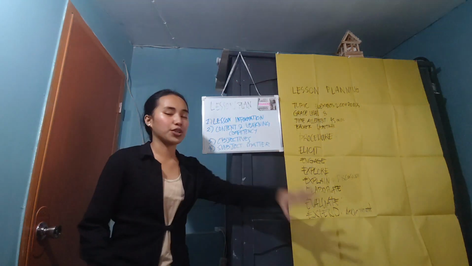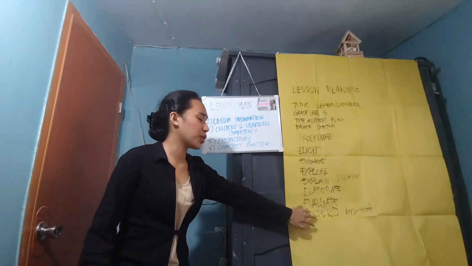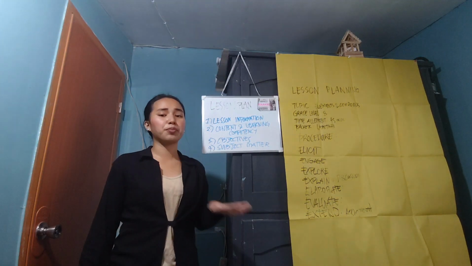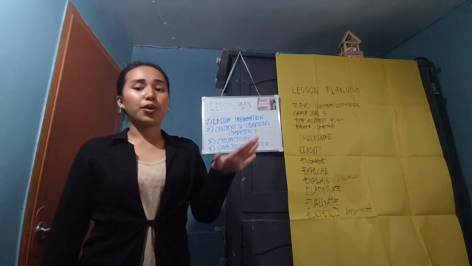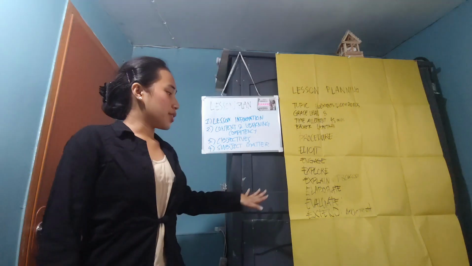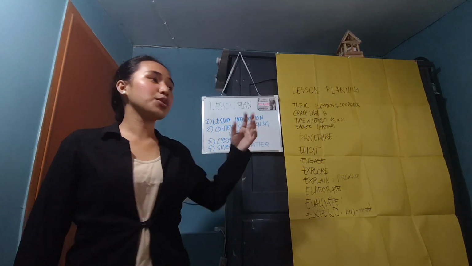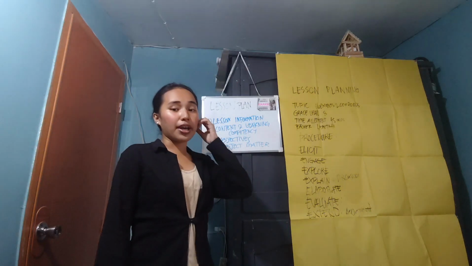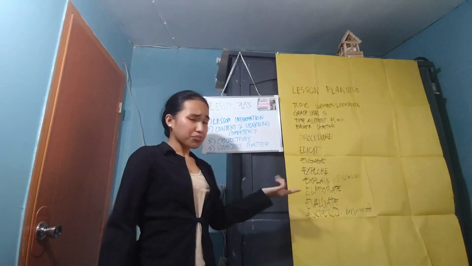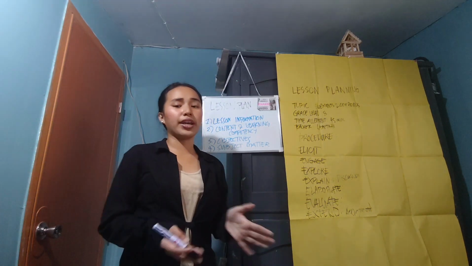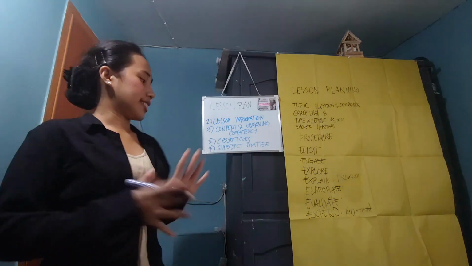And then we have the evaluation part, another very important part, since this will measure the students' knowledge of the lesson that is presented by the teacher. Since it is evaluate, it is an assessment.